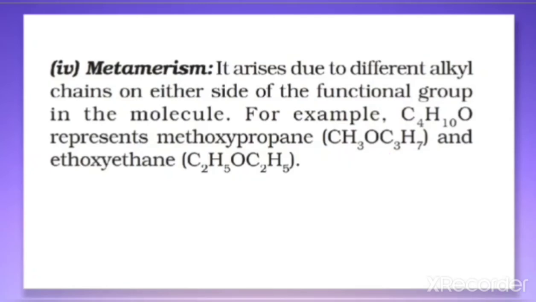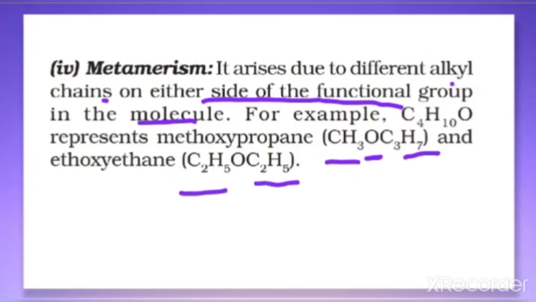So that is what metamerism is, due to the different alkyl chains on either side of the functional group. That means in this the functional group is O. So check on both sides. Here it is CH3 and the other one is C3H7. But here it is C2H5, C2H5. So the alkyl chains differ on both sides of the functional group.